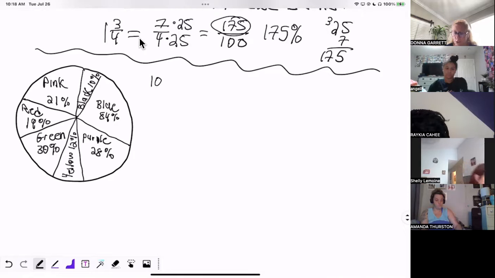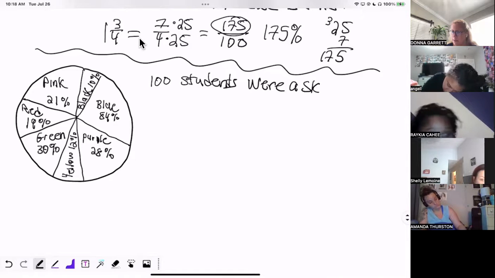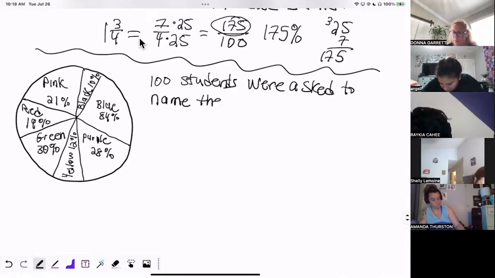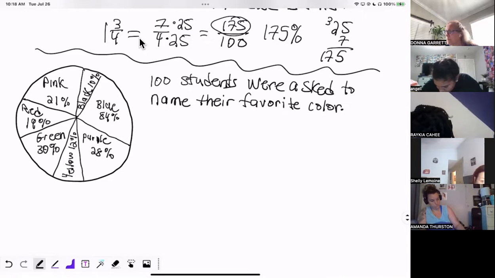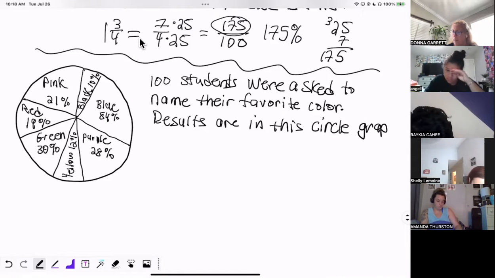Okay, so this is it. 100 students were asked to name their favorite color. Results are in this circle graph. And then I'm going to ask a couple of questions. Let me give you a second to write that all down.